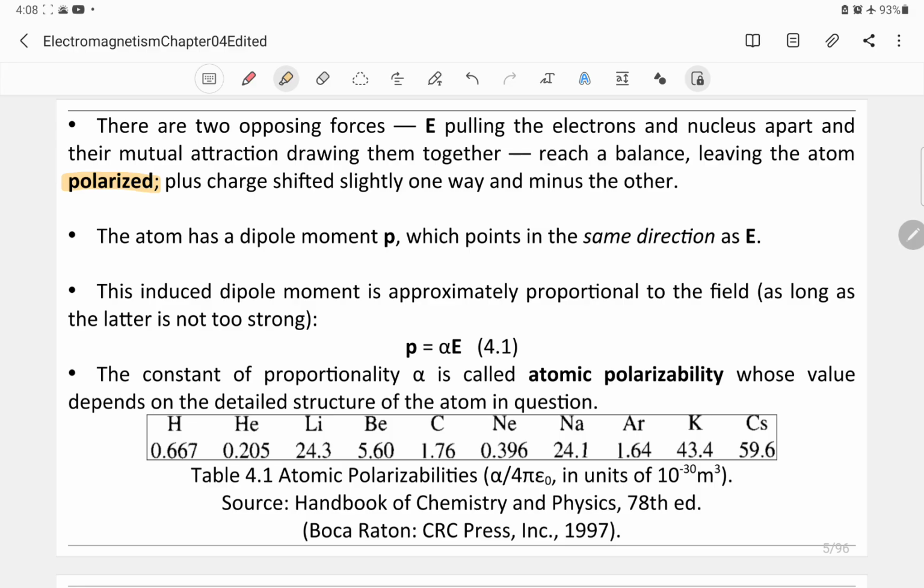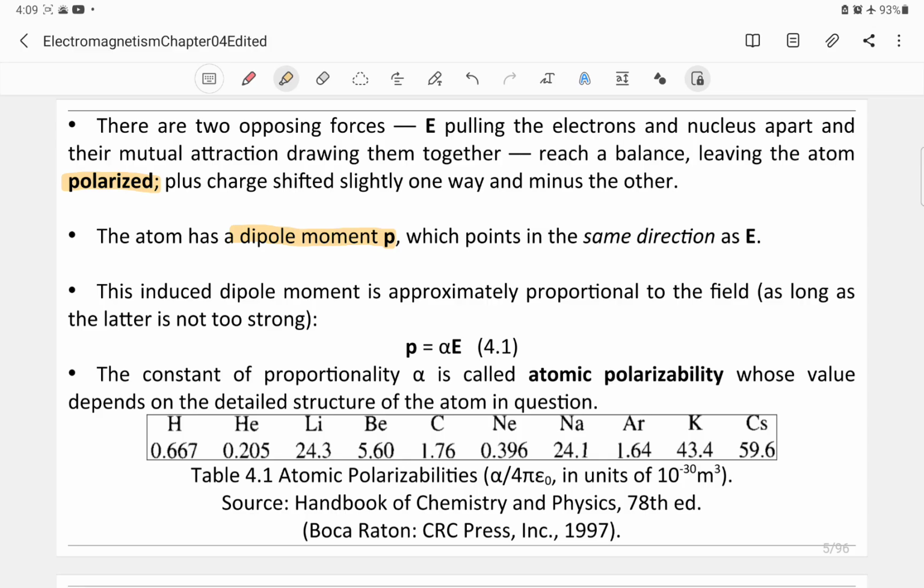In that situation, the separation of positive and negative charges induces a dipole moment p of the atom, and this points in the same direction as the electric field. Depending on the strength of your electric field is also the strength of your dipole moment.